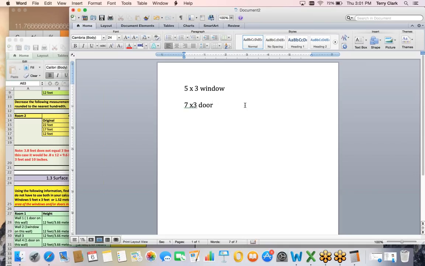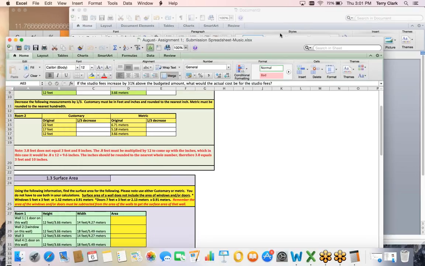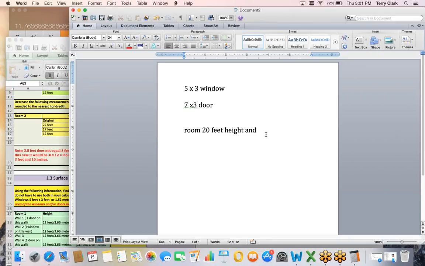Okay, so now let's say we've got a room, and the room is 20 feet by, we'll say 20 feet in height, and a width of 12 feet.